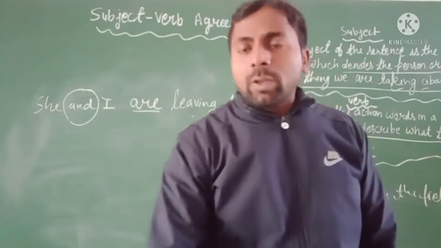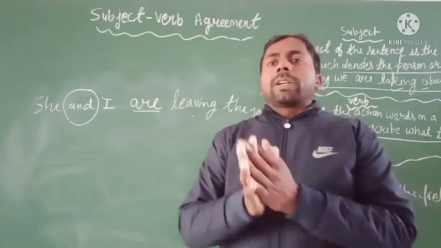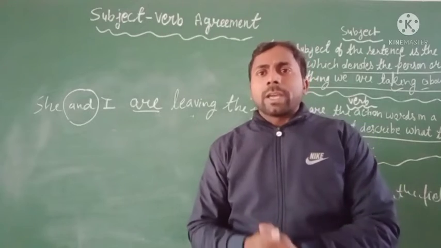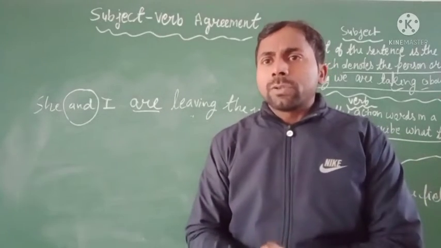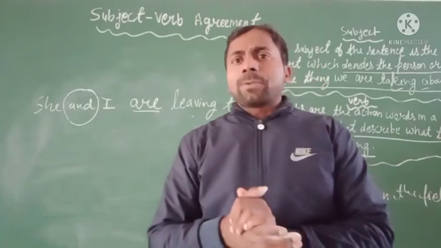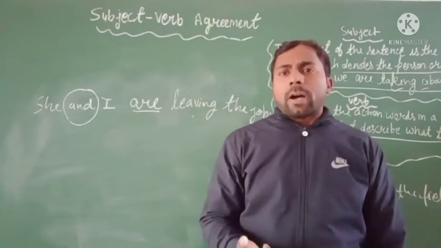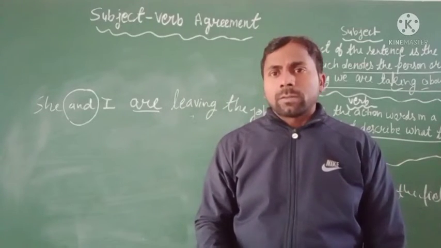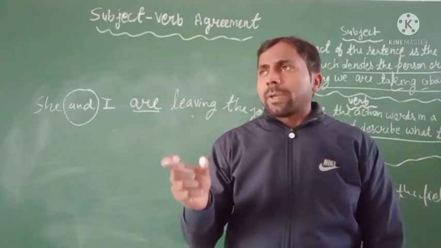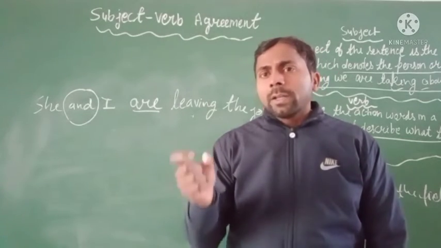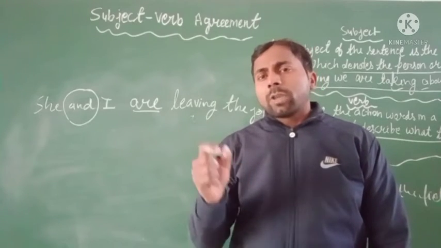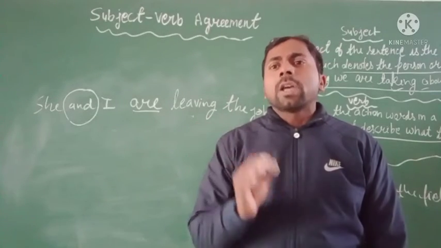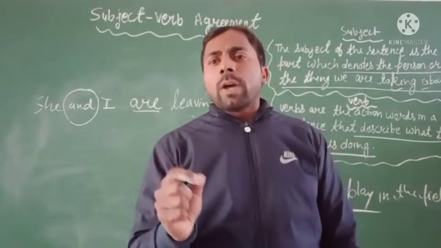And many other rules: a collective noun takes a singular verb when the collection is thought of as a whole. A plural verb is used when the collection is thought of as separate individuals, like a number of members of the team were absent. If a collective noun refers to separate members or parts, then you always use a plural number verb.